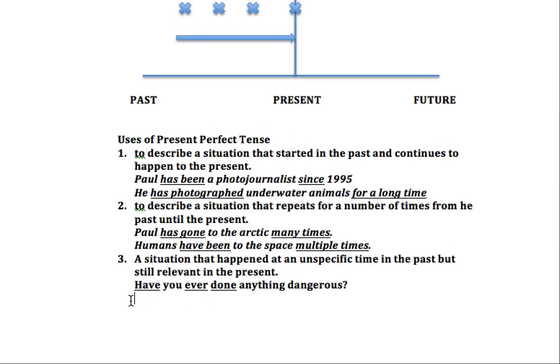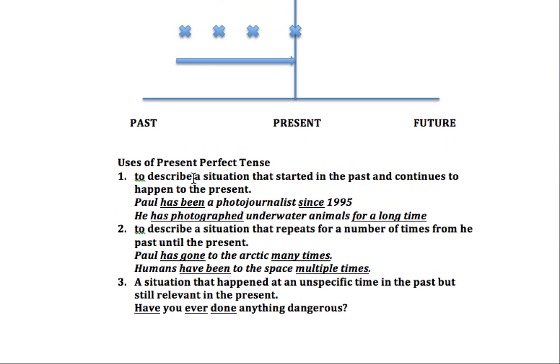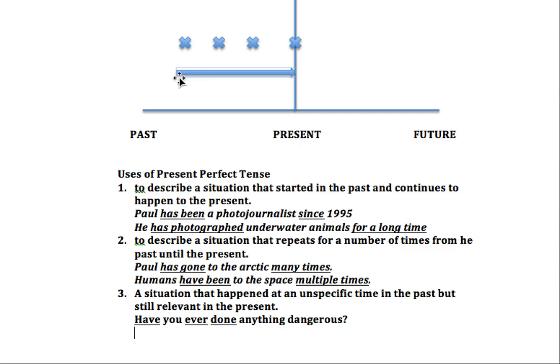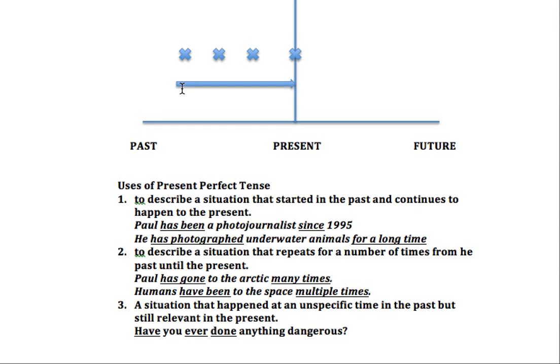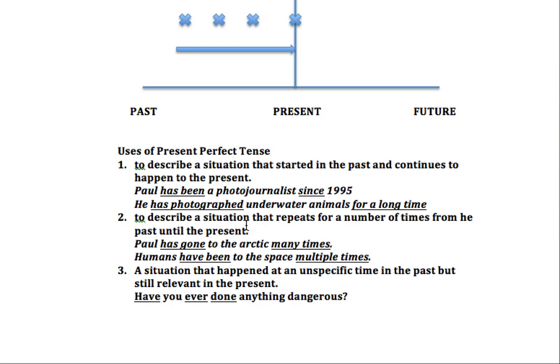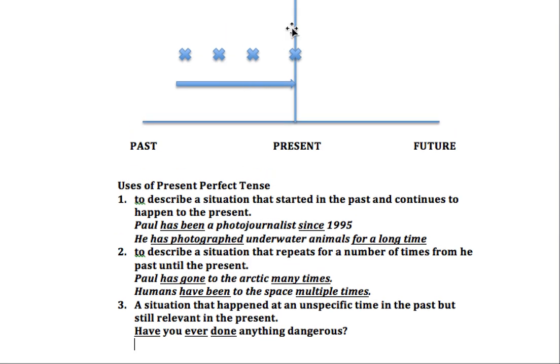So when we are asking this kind of question, we are not talking about 25 years ago or in 1995 or a specific time in the past. The time is unspecific. It could be any time in the past. And the question is still relevant in the present because that person might still do something that is dangerous today in the present.